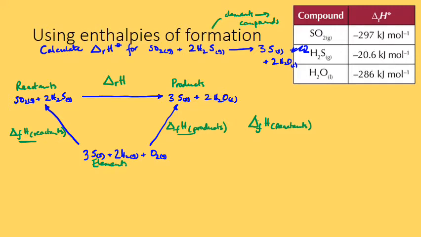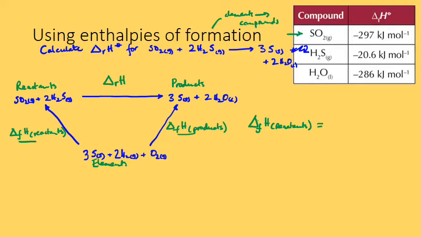And so looking at the elements, you've got 3 atoms of sulfur, 2 molecules of hydrogen, 1 molecule of oxygen, and with that you're going to make 1 molecule of sulfur dioxide. And so from this line of the table, you can see that to make 1 mole of sulfur dioxide, it's actually going to give out 297 kilojoules of energy.